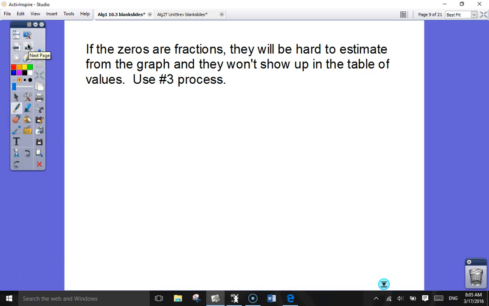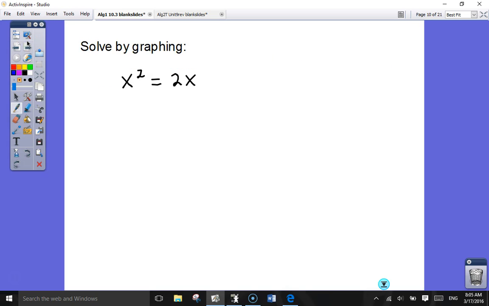If the zeros are fractions, they're going to be hard to estimate from the graph, so they won't show up in the table of values, so then we use that third process to do it. Sometimes you can guess. If you see it looks like it's halfway in between, you might guess that it's a half. And then you could check, just plug it in the original equation, see if it works. Most of them you won't have to do that.